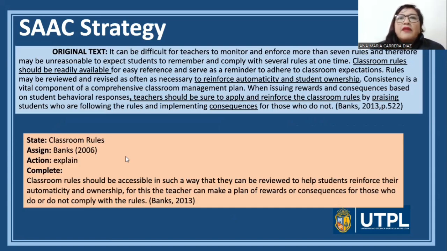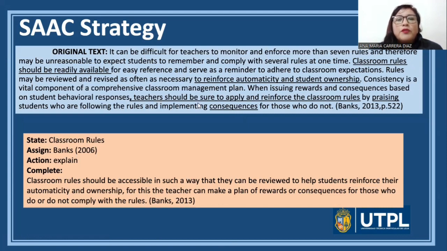For this example, I have taken a text from Banks 2013. As we can see, I have underlined the keywords, for example, classroom rules, and the key phrases, for example, should be readable, and to reinforce automaticity and student ownership.